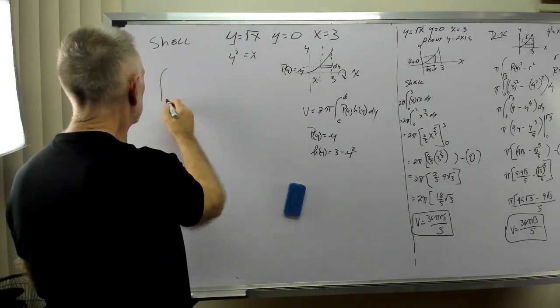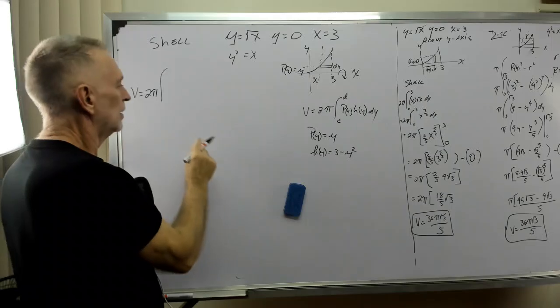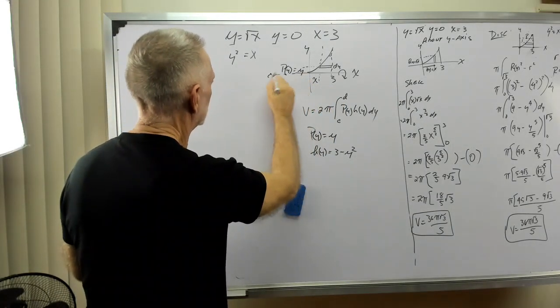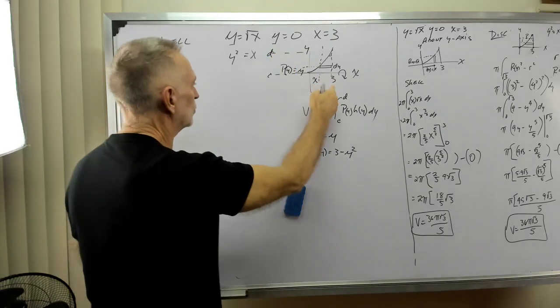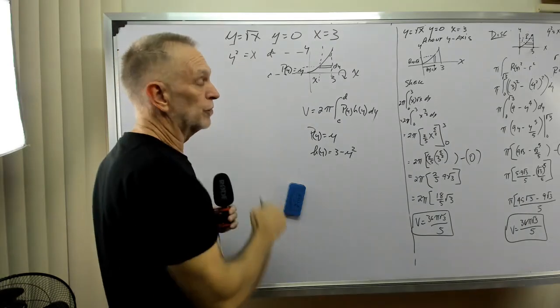So using the shell method, we said the volume equals 2 pi integral from c to d. Well, what is c and what is d? When x equals 3, y equals square root of 3.